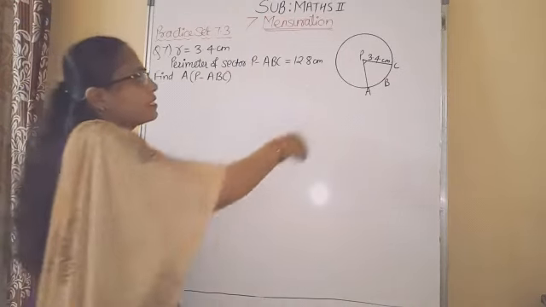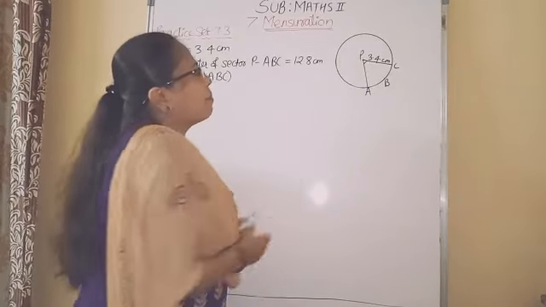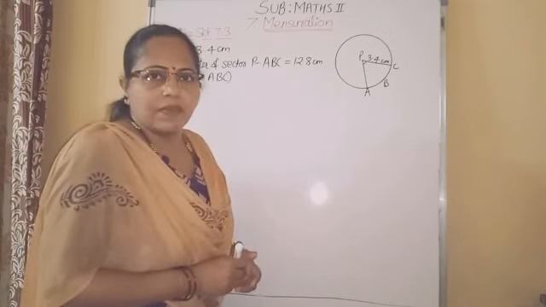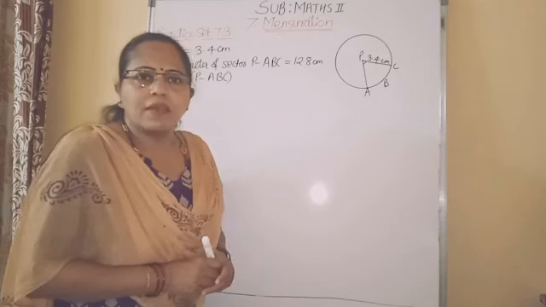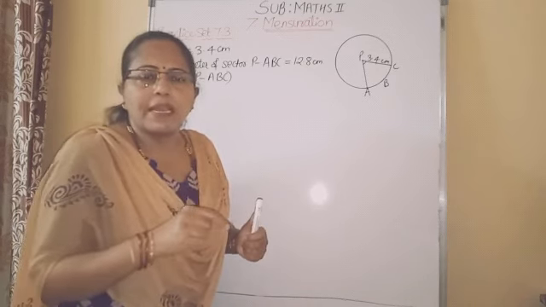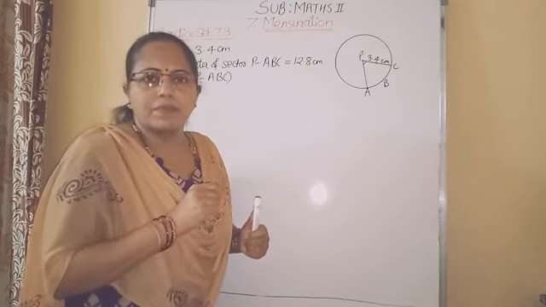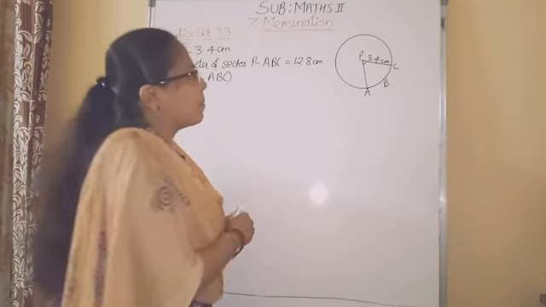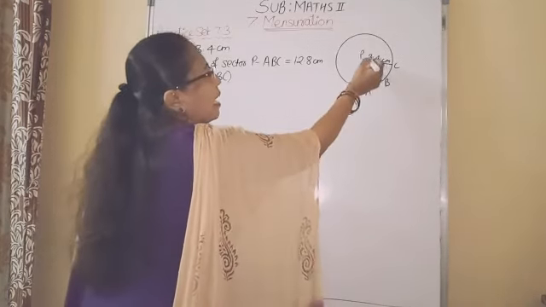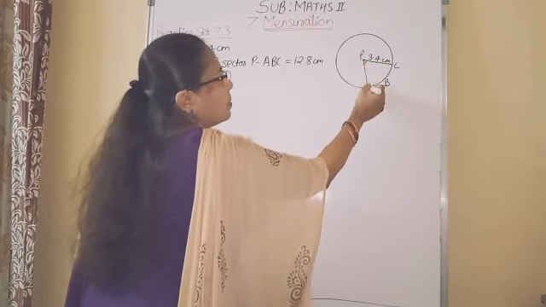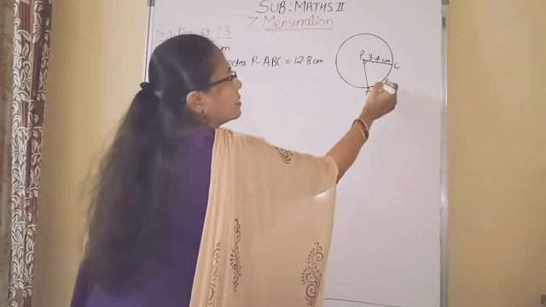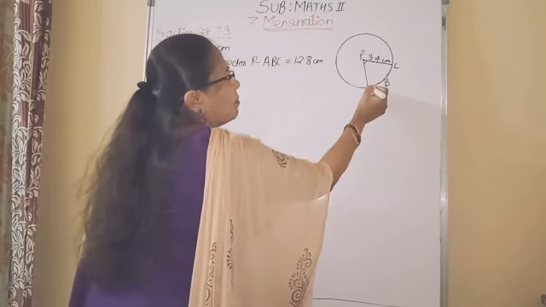Now here the radius is given and the perimeter of the sector is given. Perimeter means the total length of the border. So the perimeter of the sector is the radius PC plus the radius PA plus the length of arc ABC.